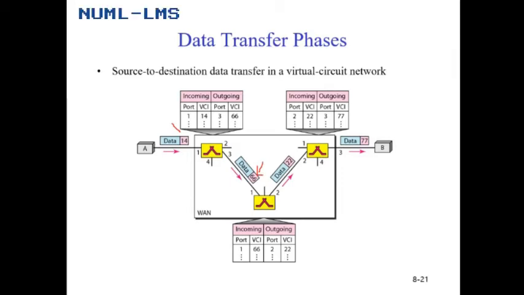The next switch receives the packet from port number 1 VCI 66, forwards the packet out from port number 2, and changes the VCI. Then the last switch receives it, looks up the table, and forwards it to the end station.